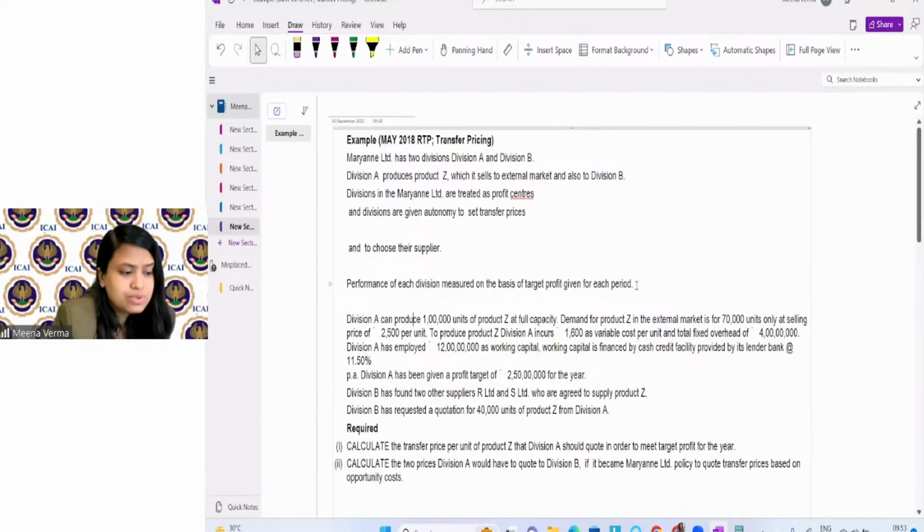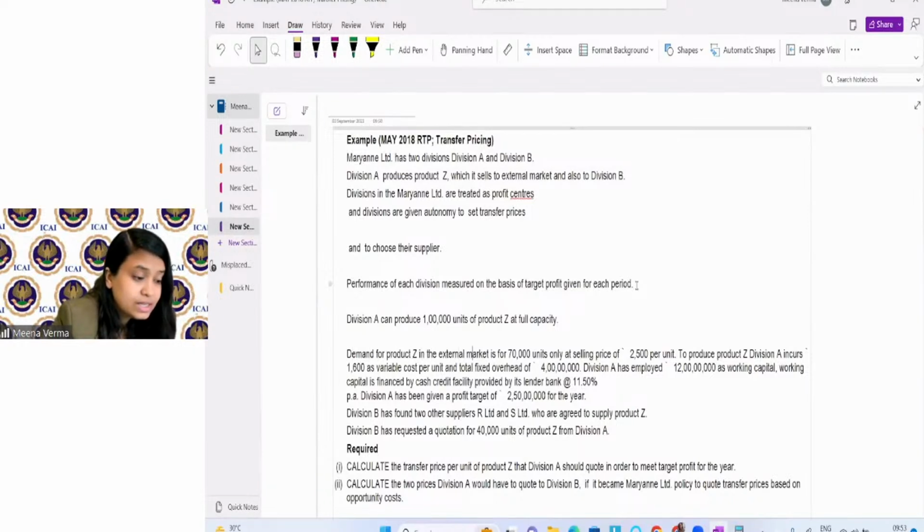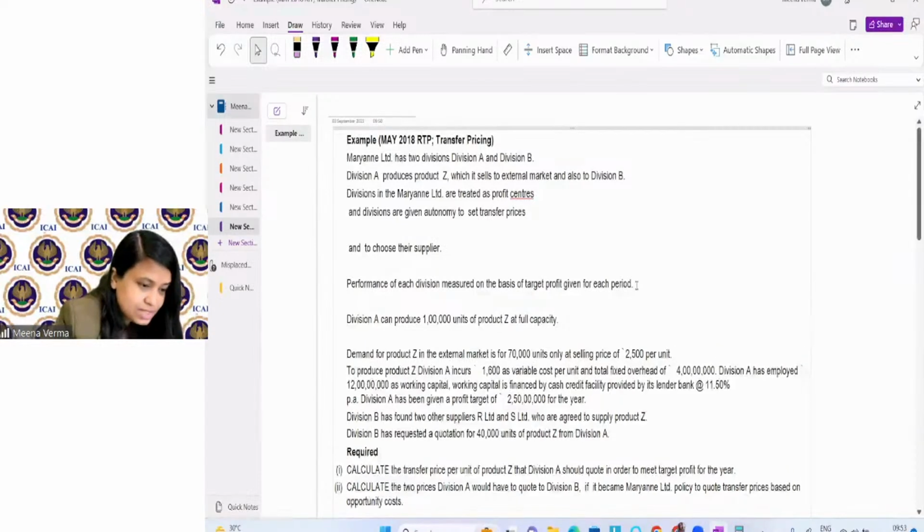Division A can produce 1 lakh units of product Z at full capacity. Okay, they are producing 1 lakh units at full capacity. Demand for product Z in the external market is for 70,000 units only at a selling price of rupees 2,500 per unit. The external market selling price is given.